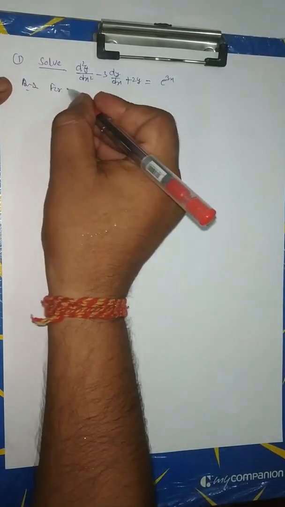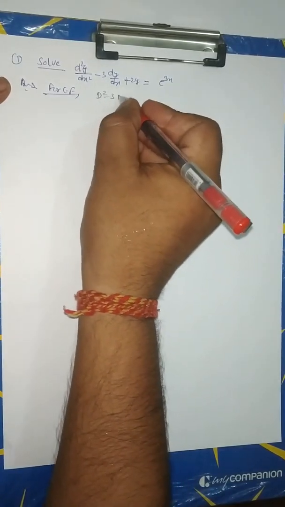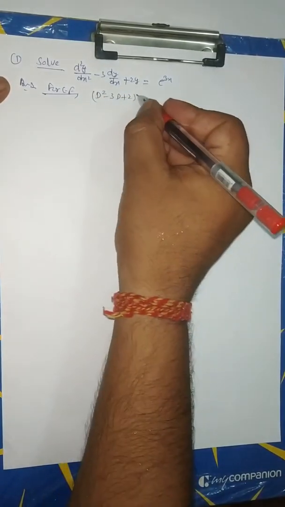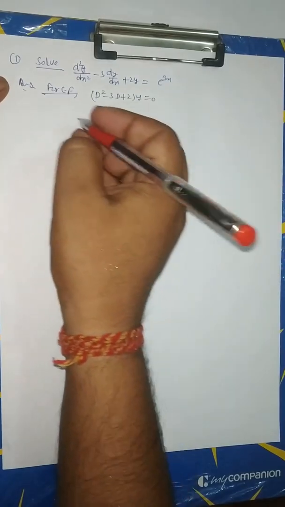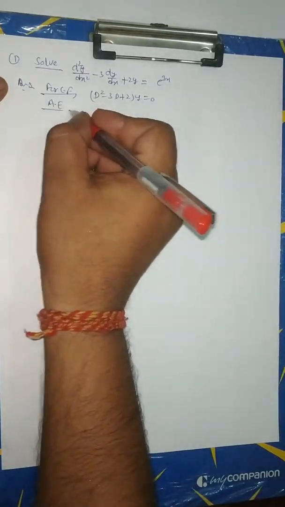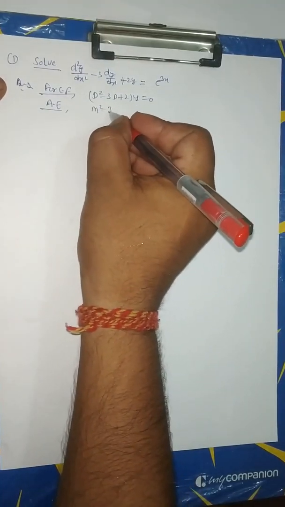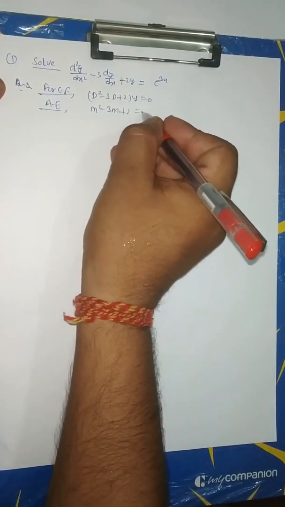Now for CF, D square minus 3D plus 2, y equal to 0. Auxiliary equation, by putting D equal to m, we get m square minus 3m plus 2 equal to 0.